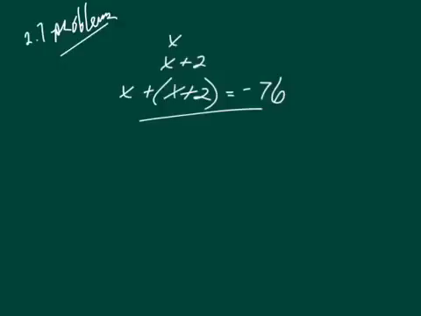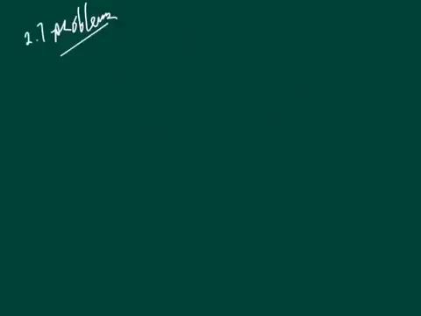Alright, so let's jump down to number 15. 15 has the one with the investing money, and make sure you use the handy dandy little table there for 15. They give you number of dollars.